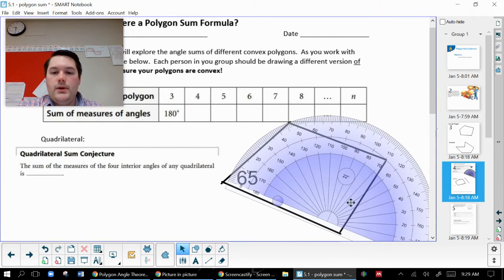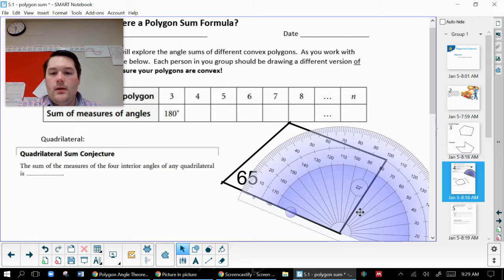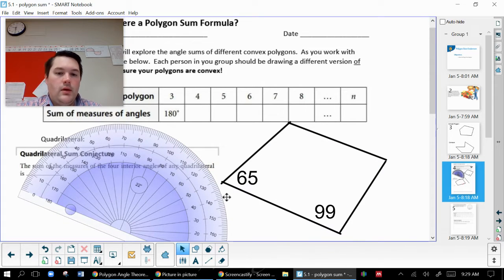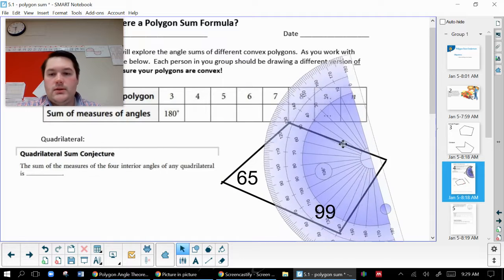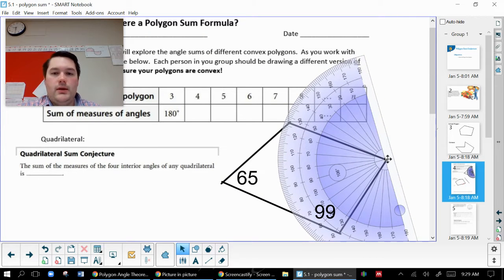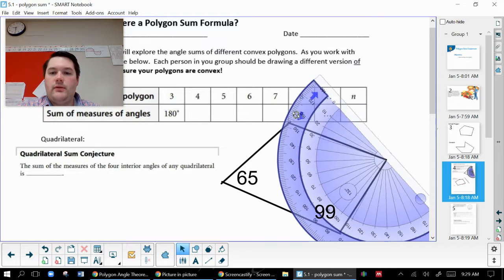Move over to this one. That one's over here, way past 90 degrees, almost 100. We'll go 99 degrees on that one. We'll flip this around and start measuring these up here. Remember, when you're using a protractor, the little vertex indicator has to go on the vertex.